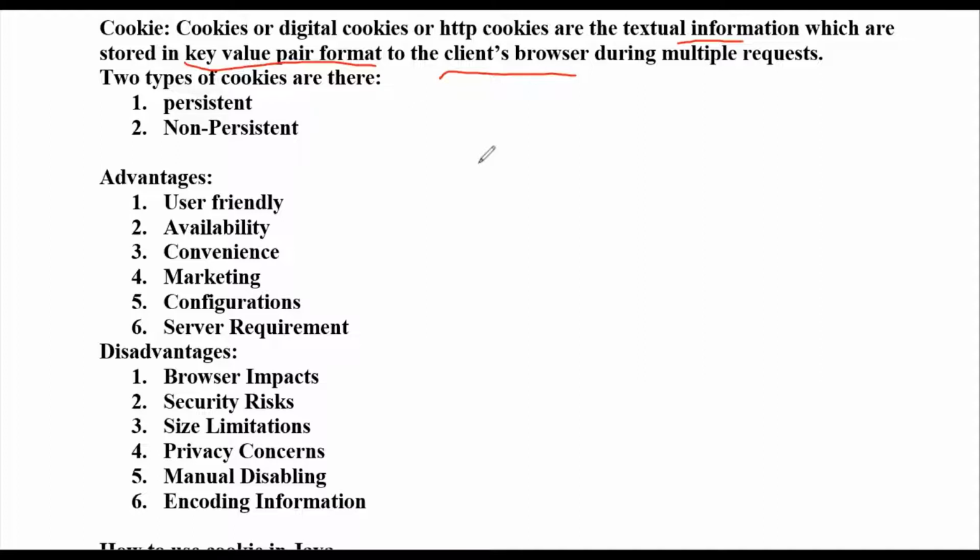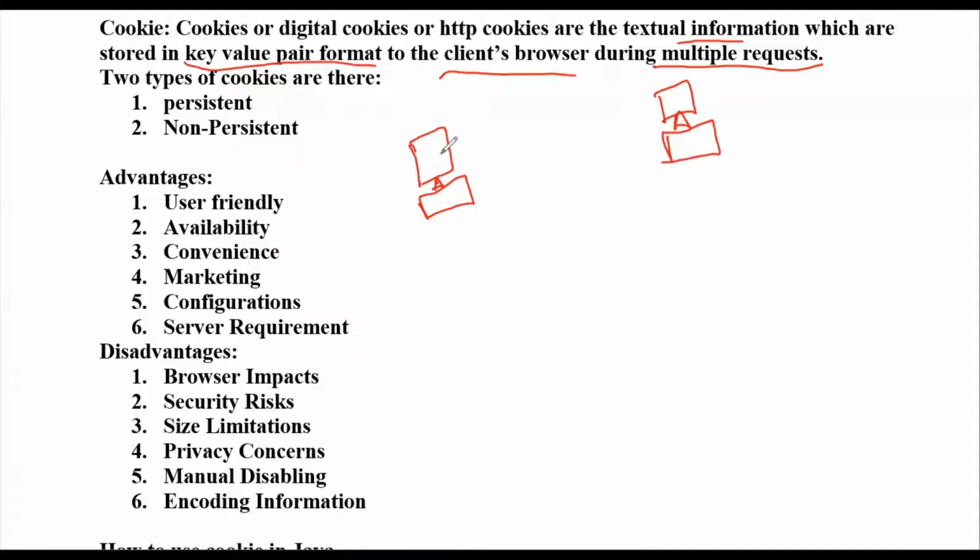This cookie will be used when the client is making multiple requests to the server. So every time, rather than giving the authentication of the client, a cookie can be created, and through the cookie the authentication of the client will be made. Let me explain the scenario of the client and server architecture. Say this is the client machine and this is the web server.